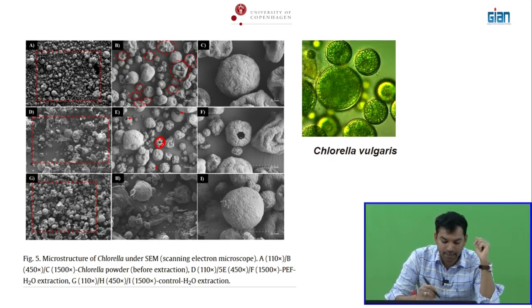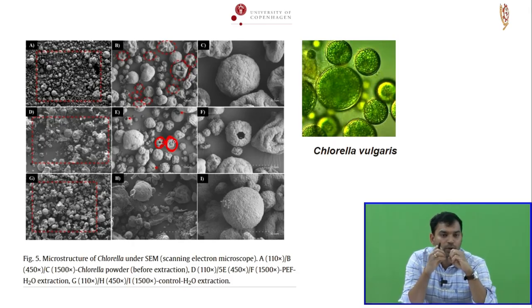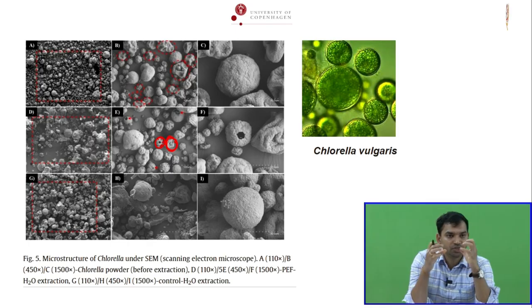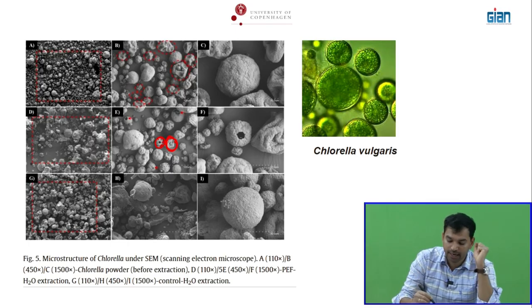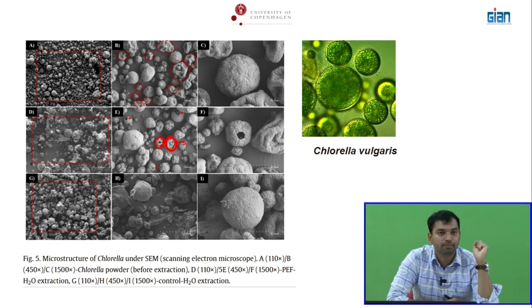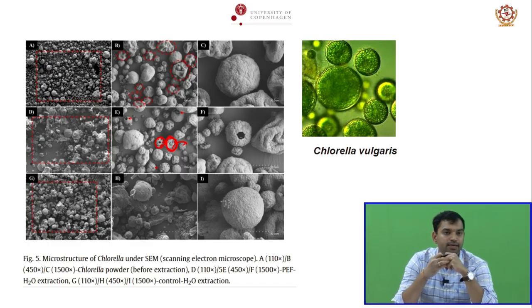But basically the damage can be seen in these cells here. When pore formation takes place, they lose the cytoplasmic material, they lose the osmotic balance, then they shrink. The shrinkage of the cell is a direct indication of cell damage, okay, and that shows extraction of biomolecules. Is it clear? The cell will shrink because of loss in the osmotic pressure.